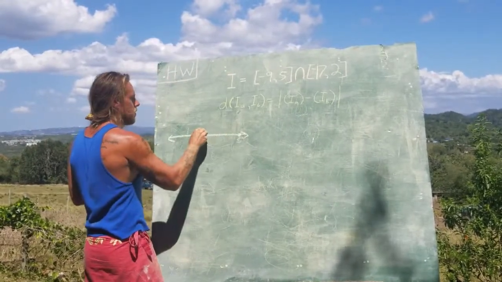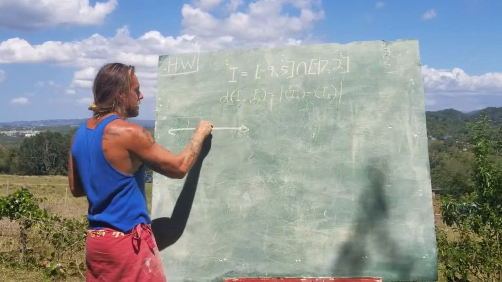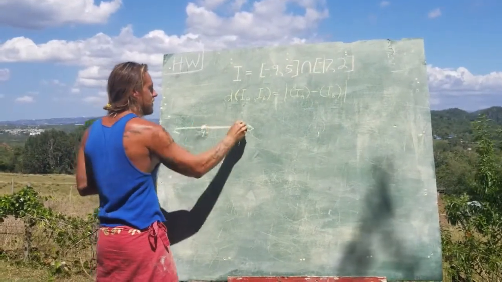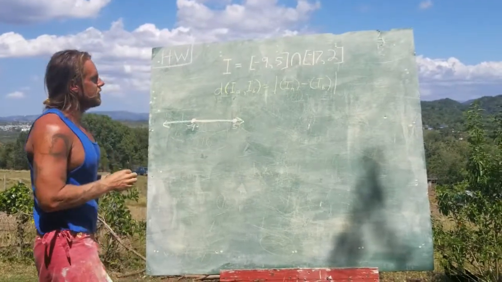Color this interval in orange, all points from -9 to 5, including -9 and 5.